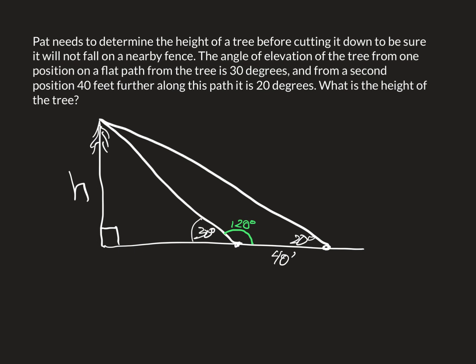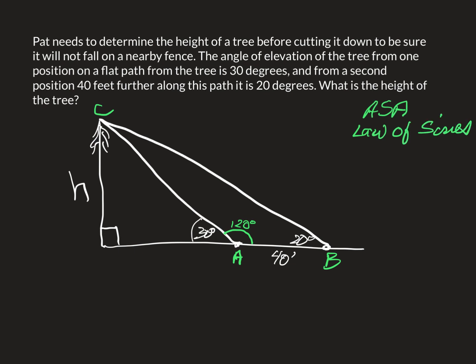So if I go about and I label, we'll call this A, this B, and this C, then I can see that I have an angle, side, angle situation. Angle, side, angle. That means I can use law of sines.